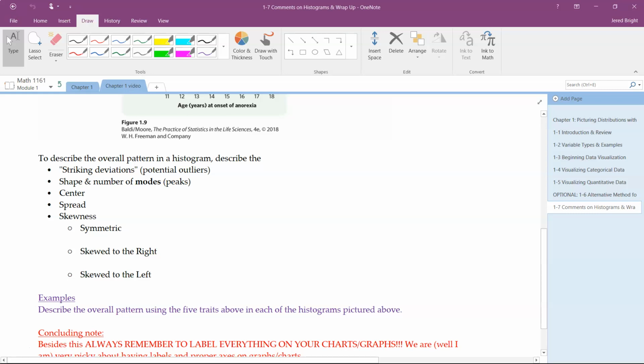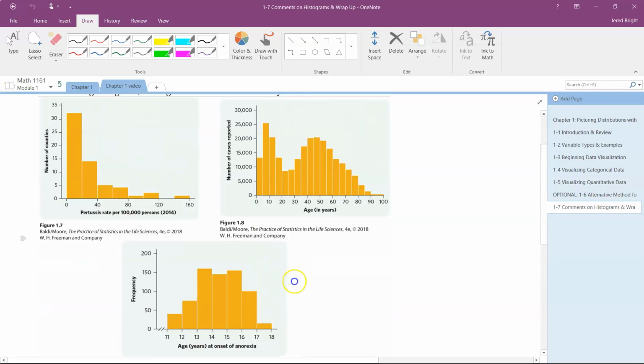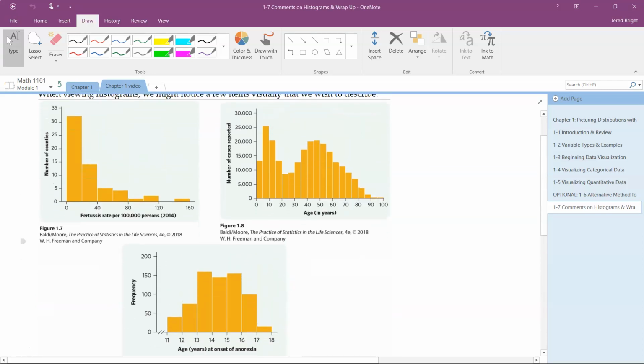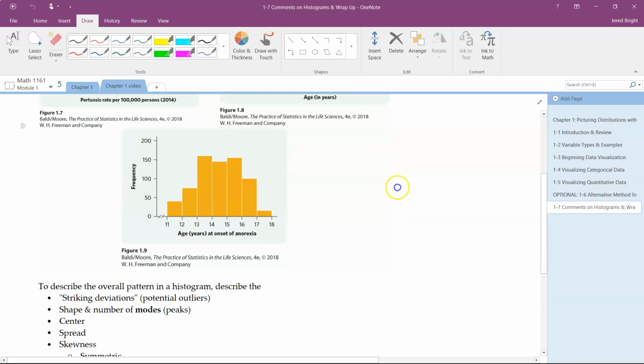So we're just going to say potential outlier instead. So for example, do any of these have a striking deviation or a potential outlier? Anything that is far from everything else, that's what an outlier is. Well, a potential outlier is. Well, maybe. I'm going to let you decide.